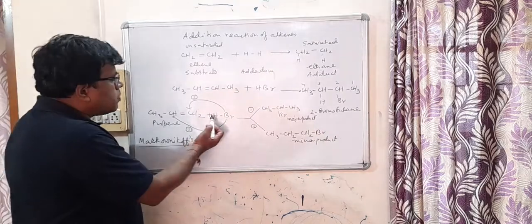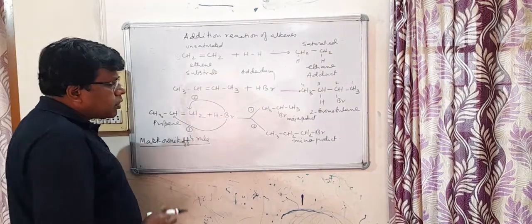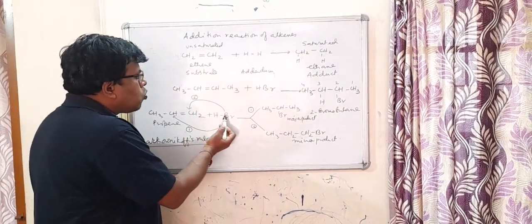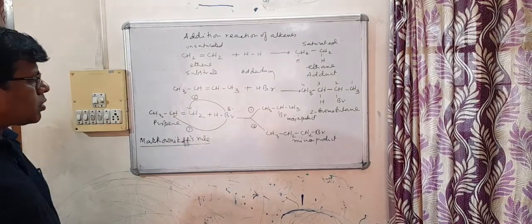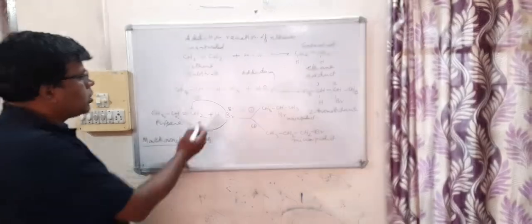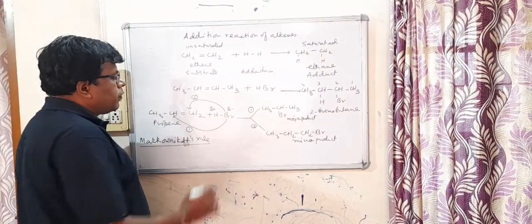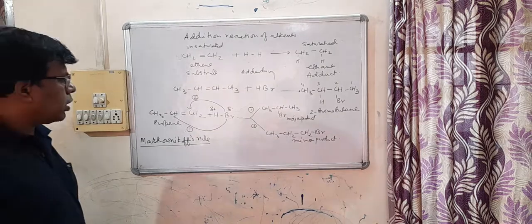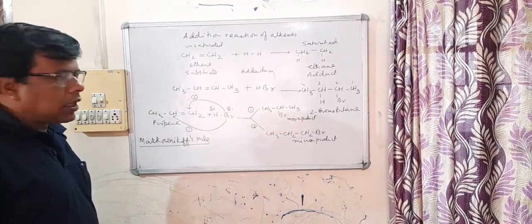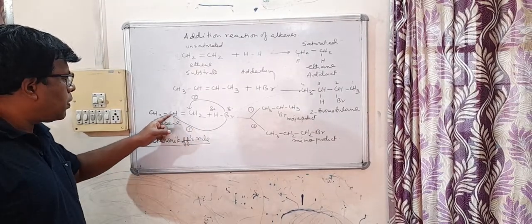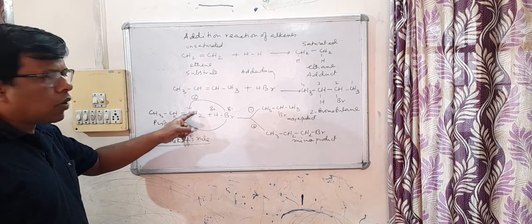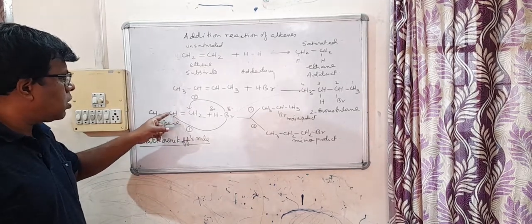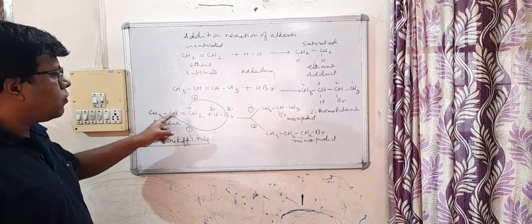Now you see HBr, which is the negative part of HBr? Since bromine is more electronegative, bromine is the negative part, delta minus, whereas H will be the positive part. So Markovnikov's rule says that the negative part of the addendum will get added to the carbon having lesser hydrogen. Now this carbon you see has one hydrogen, this carbon is having two hydrogen. So this carbon is having lesser hydrogen, so Br will get attached here and we will get this product.